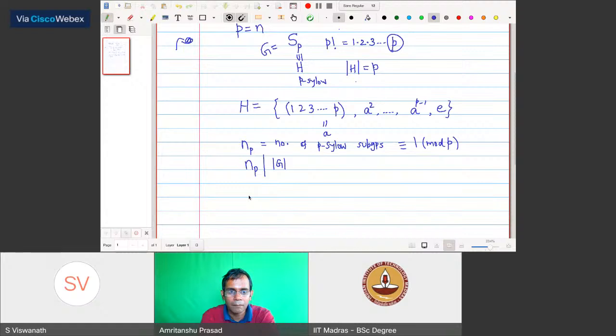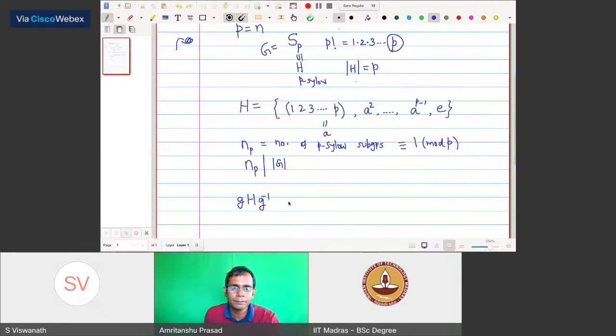Now let's see what we can say about the number of Sylow p-subgroups. In this case, we can explicitly construct all of them. How does one construct Sylow p-subgroups? Let's think about it in terms of the second Sylow theorem, which says that all Sylow p-subgroups are conjugates of each other. In other words, if you get one Sylow p-subgroup, then you can get all the others by looking at conjugates of that single one.